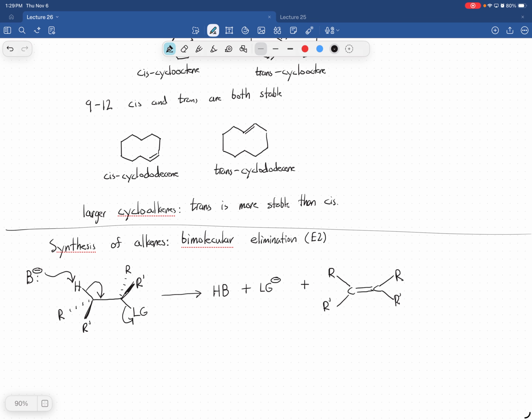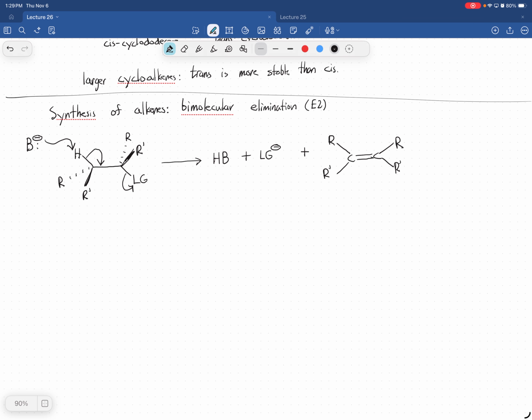All right. So what are our typical leaving groups, L here? They can be sulfonates, something like tosylate, R SO3 minus. Yes, this is tosylate.